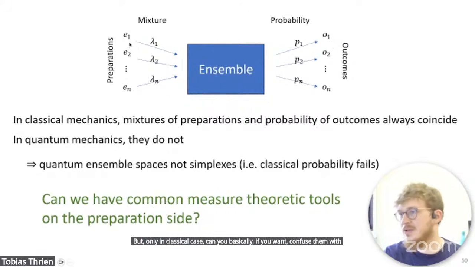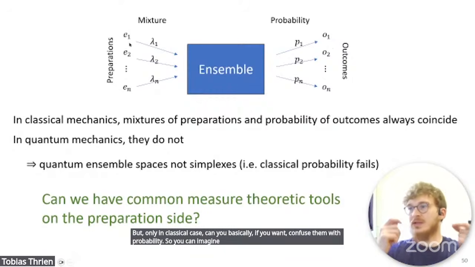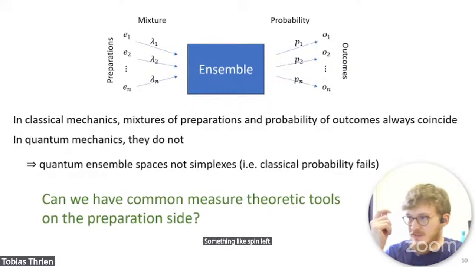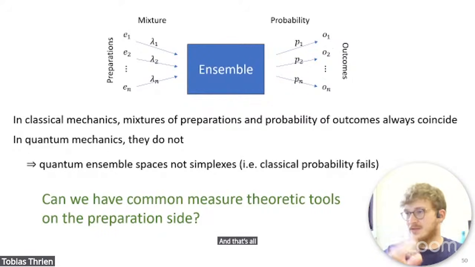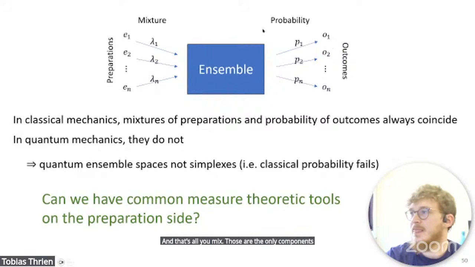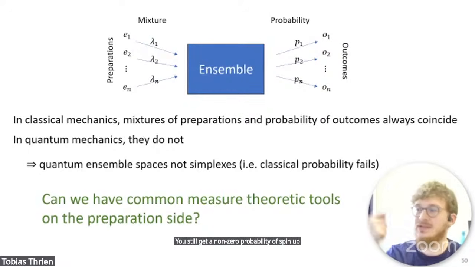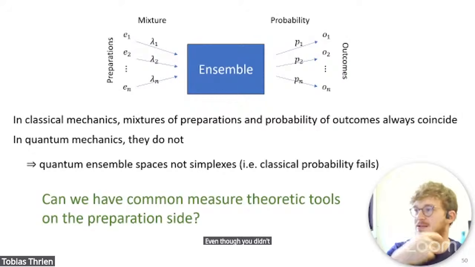So you can imagine you mix something like spin left and spin right, and that's all you mix. Those are the only components. You still get a non-zero probability of spin up, even though you never mixed spin up in your preparation.